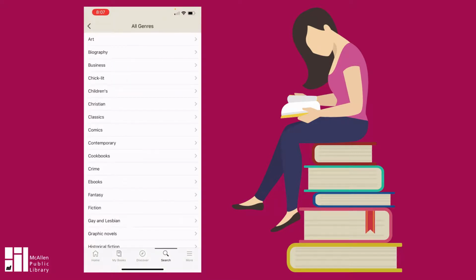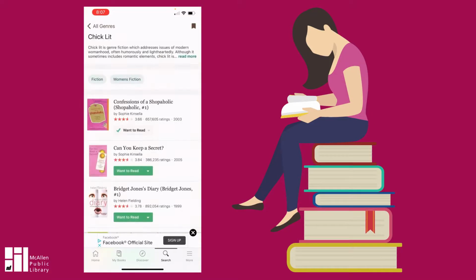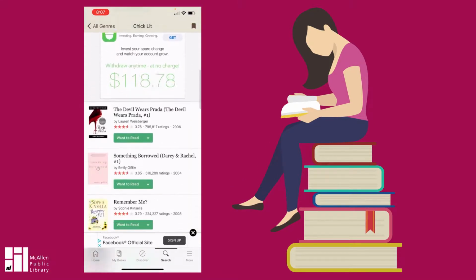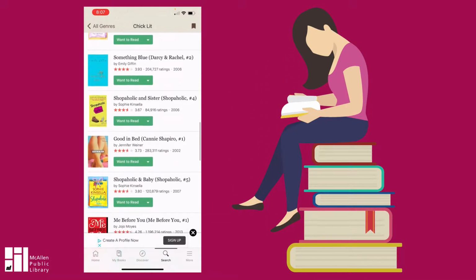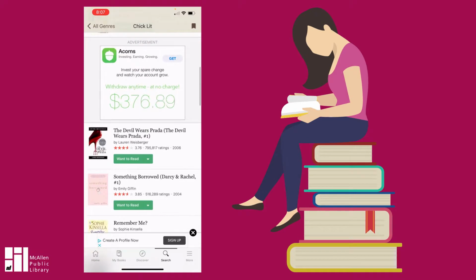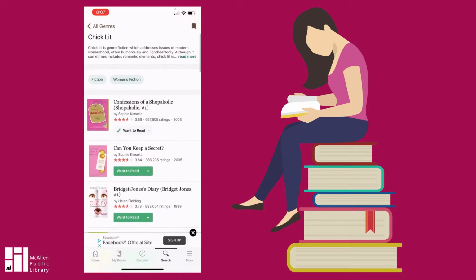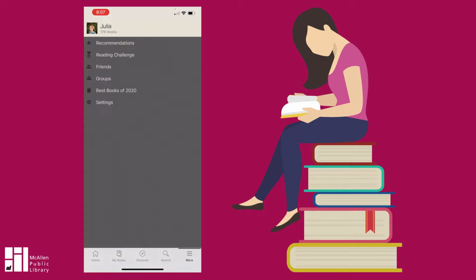So we'll go to Explore All Genres, and then let's see, we'll do chick lit. And same thing, any books you see that look interesting that you want to read, you can add them to your list.